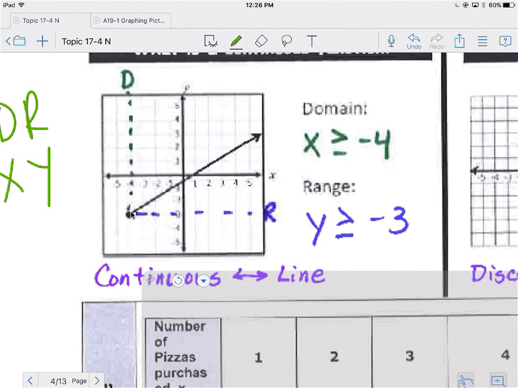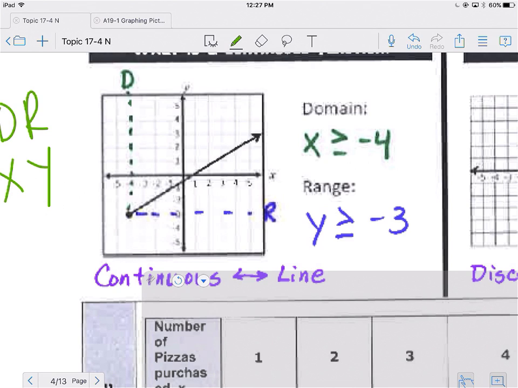My y's go from bottom to top or top to bottom. In this case, we're starting low. My range is starting at -3. And as I continue on that line, my y's are -2, -1, 0, 1, 2, 3. So my y's are also getting bigger.